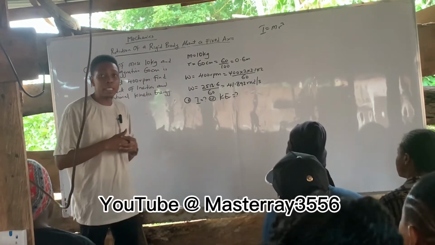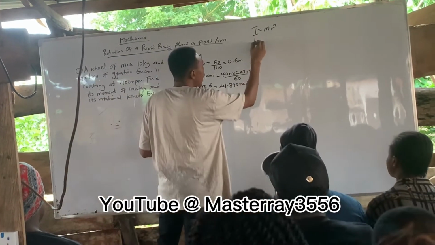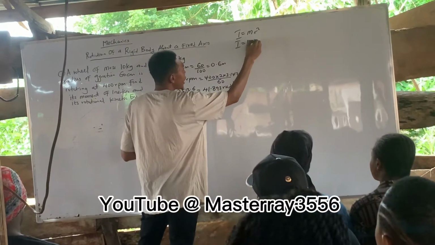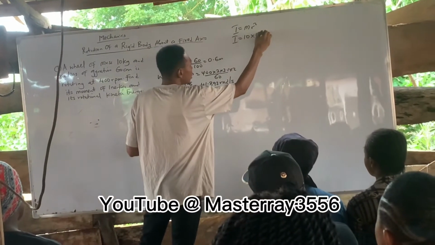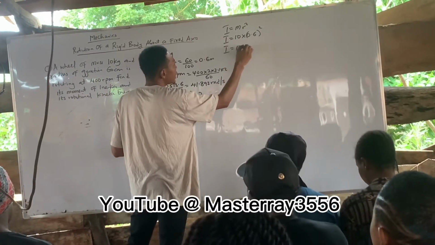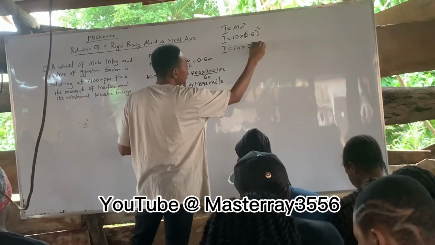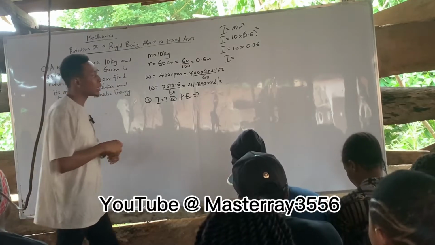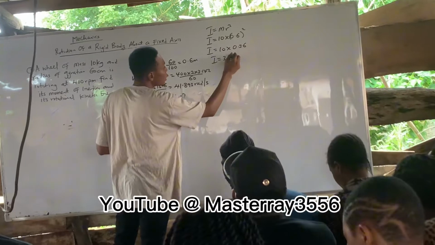So our inertia will be equal to the mass, 10, times the radius 0.6, squared. Then I will be equal to 10 times 0.6 squared. 0.6 squared is 0.36. So I is 10 times 0.36, which is 3.6.